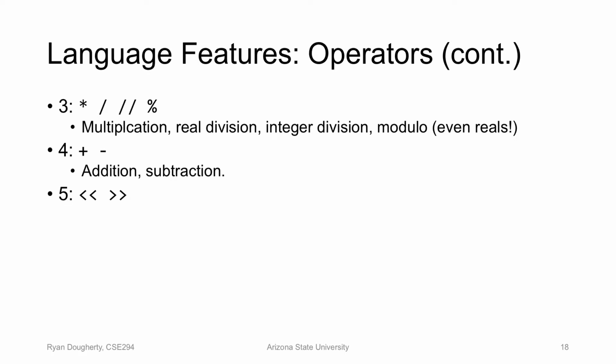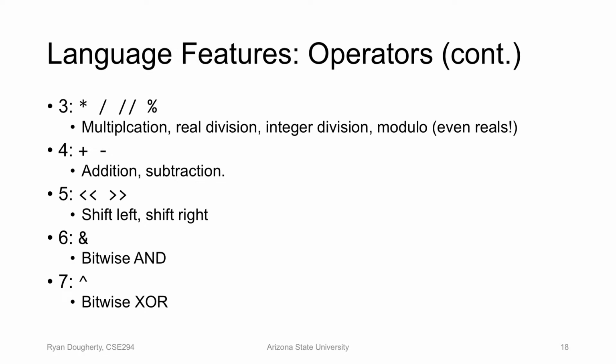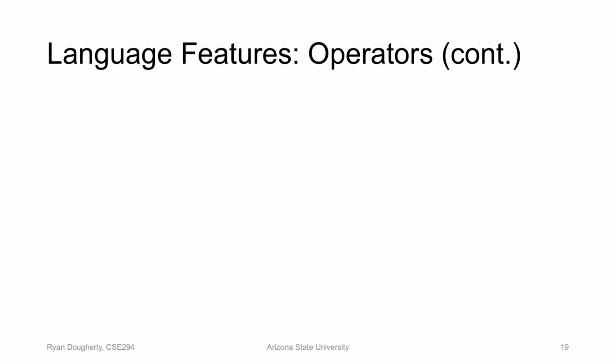Addition and subtraction, we know what that is. We covered two angle brackets, either left or right, corresponding to shifting left and shifting right on the bits in a particular number. A bitwise AND, bitwise XOR, which we probably won't use because we typically don't work with the bits explicitly.